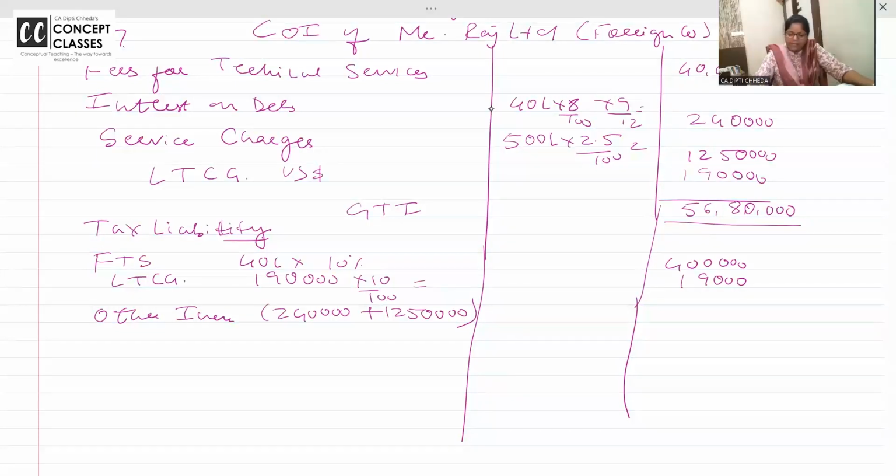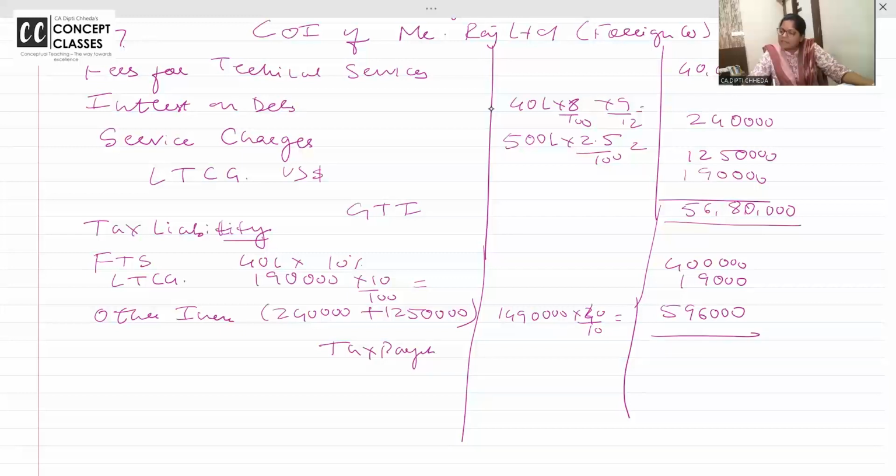But this is all collective income. 40%. Why? Because it's a foreign company. 5,96,000. So what is the tax payable? 5,96,000.